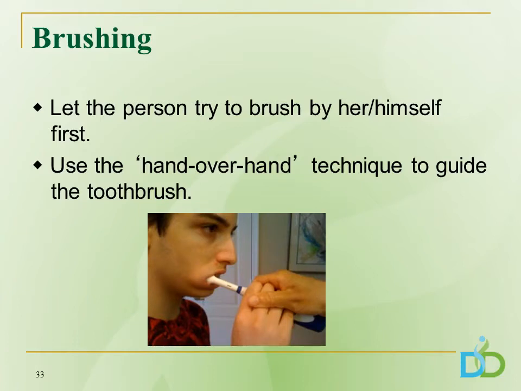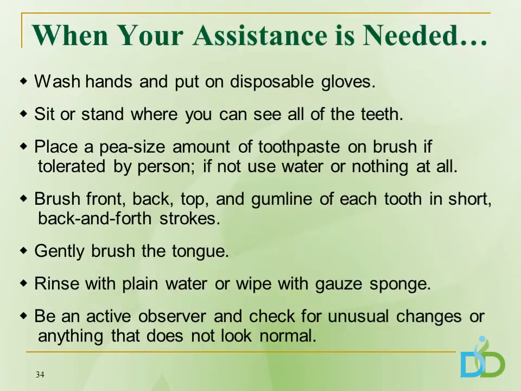Toothbrushing is not complicated. What's important is not to miss any surface of the tooth, brushing especially at the gum line. So when you start brushing, make sure that you brush the gum line. Tickle the gums. It's like what I tell the kids. Tickle the gums, brush the molars, and then wiggle the toothbrush on all the teeth. When your assistance is needed, the key to success is being able to see what you're doing so that you don't miss anything.